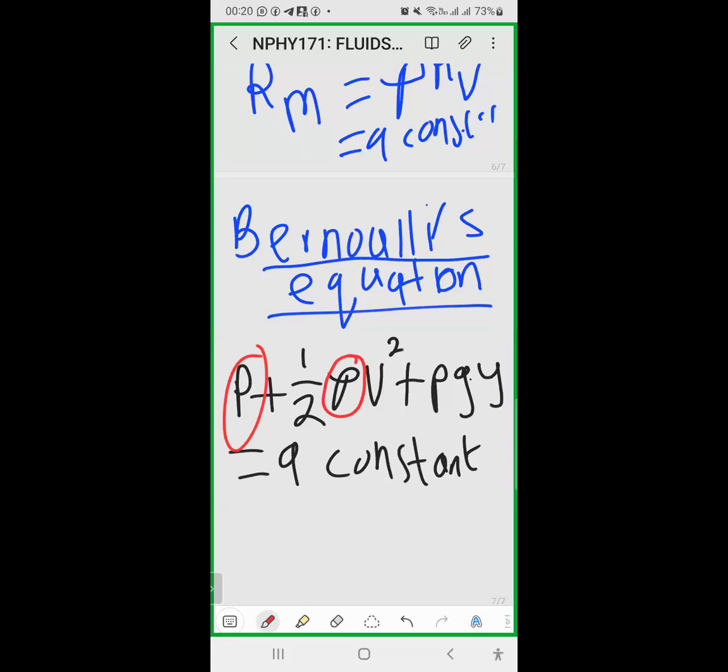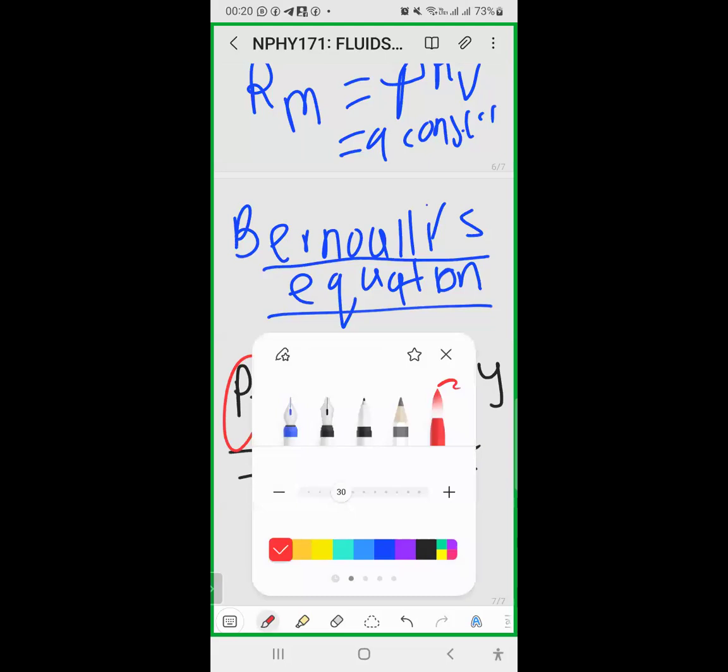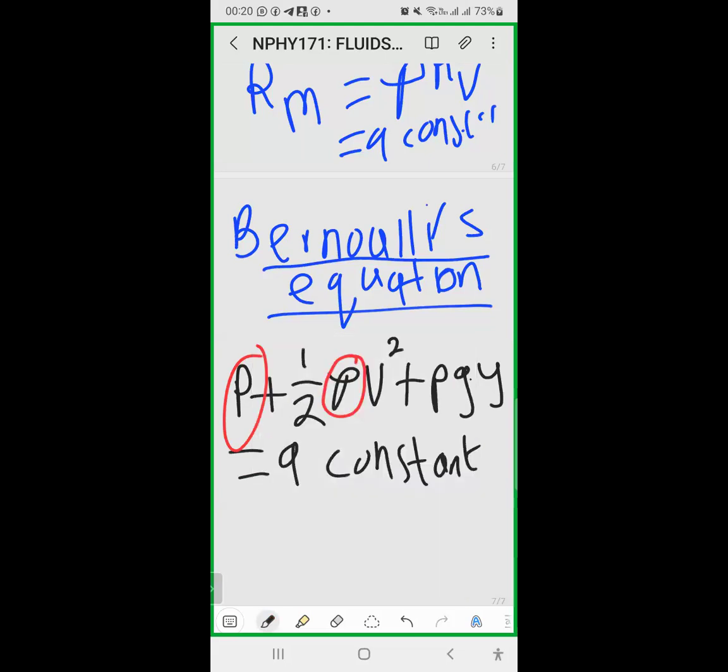So let me say in a practical sense that you are given a system, and then you have to find the pressure. You are given a system, and it consists of two sections, section 1 and 2, and you have to find the pressure at section 2.